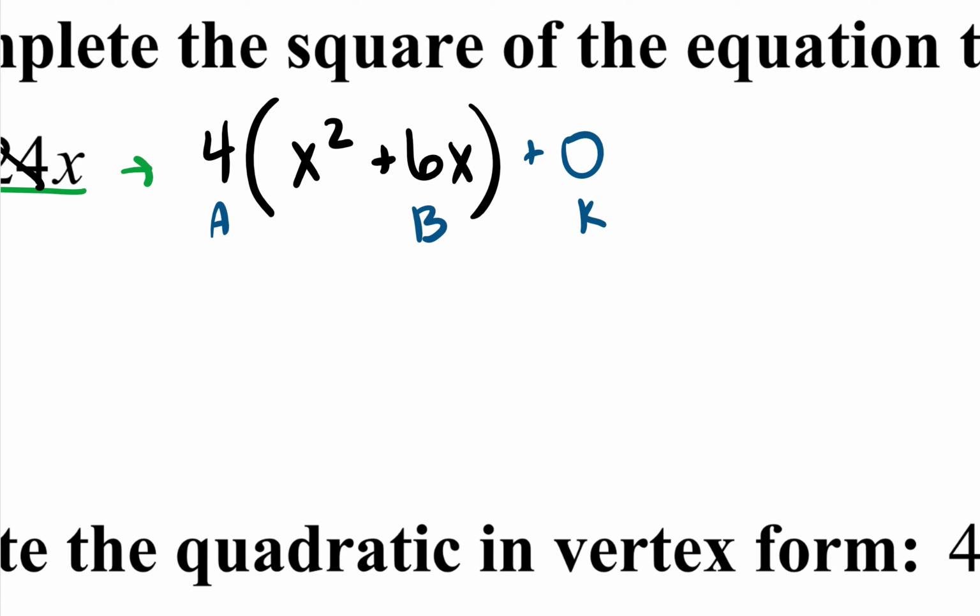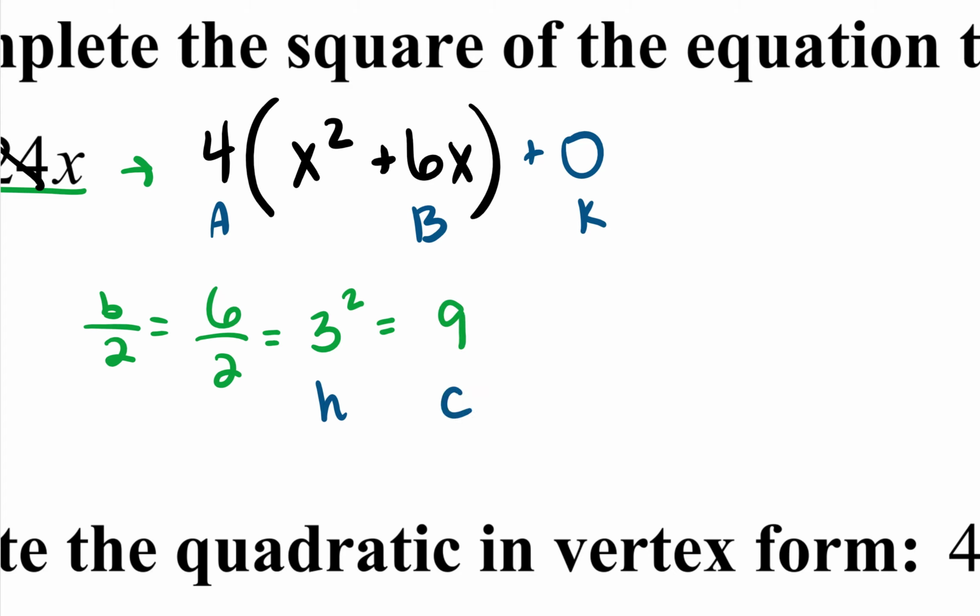Alright. Now I want to do B divided by 2. B is 6, so I have 6 divided by 2 gives me 3. That number is H. And then of course you square that and you get 9. That number is C. So I have A, B, K, H, C. Okay?